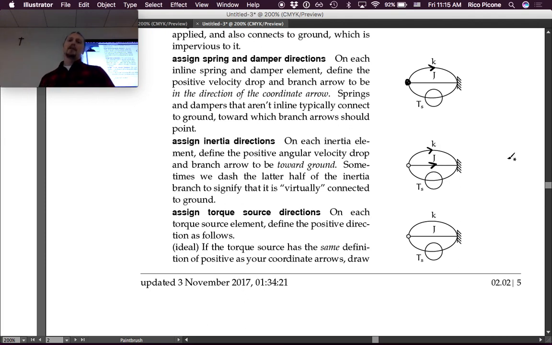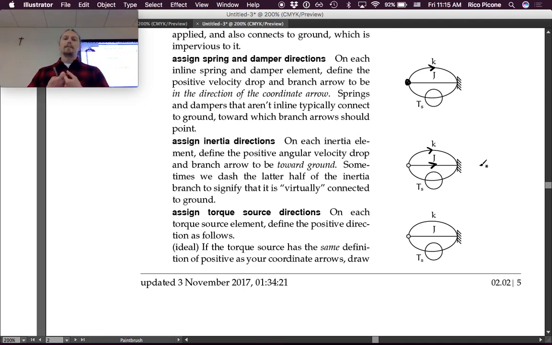Sometimes we dash this J branch, the latter half of it, to remind ourselves that it's sort of virtually connected to ground, right? Because the moment of inertia is not fixed to ground. It's just referencing ground always because it's a good old-fashioned Newtonian inertial element that always has to have an inertial reference frame.